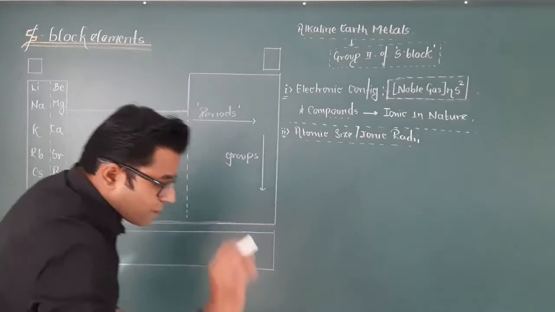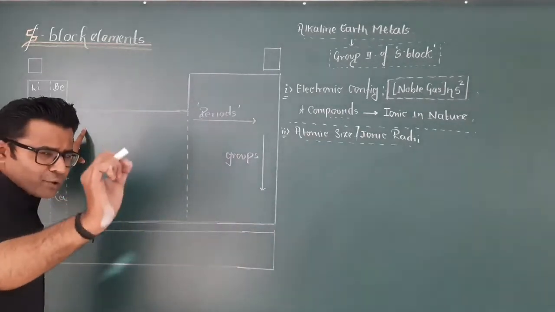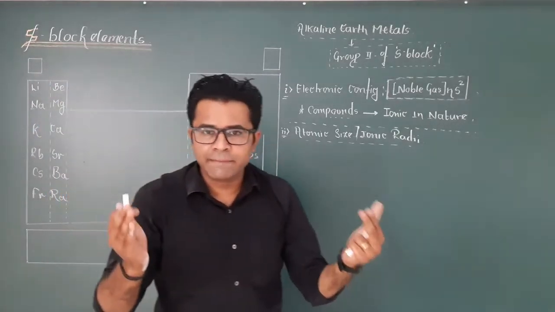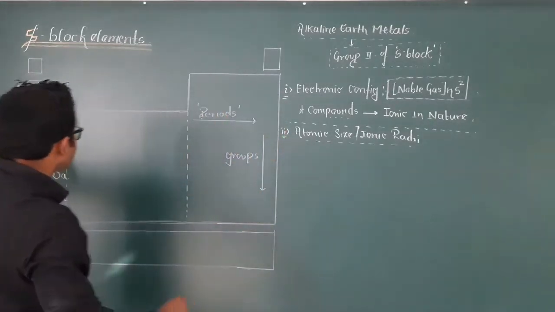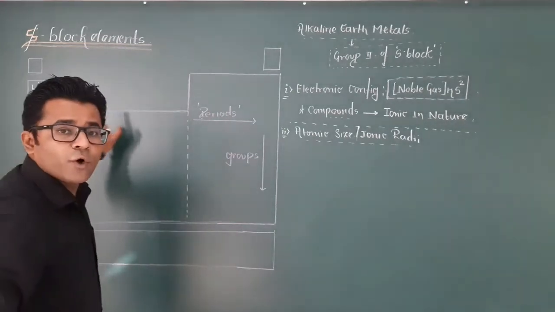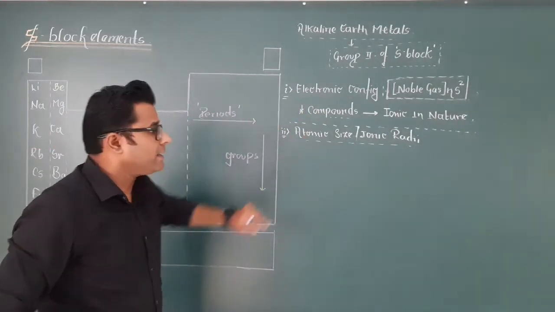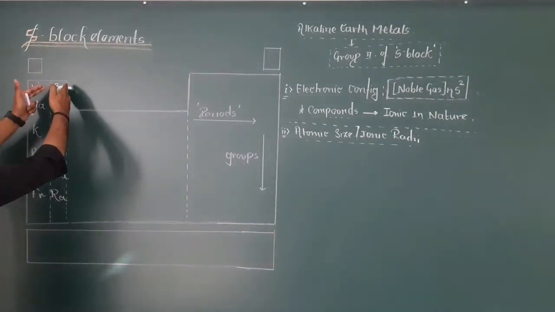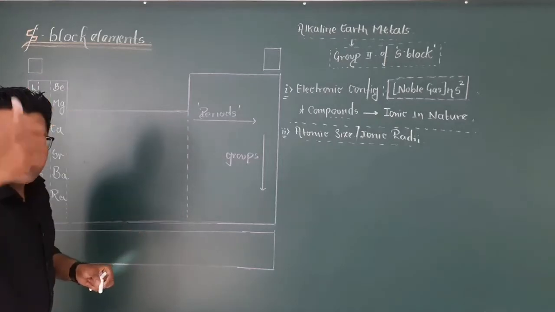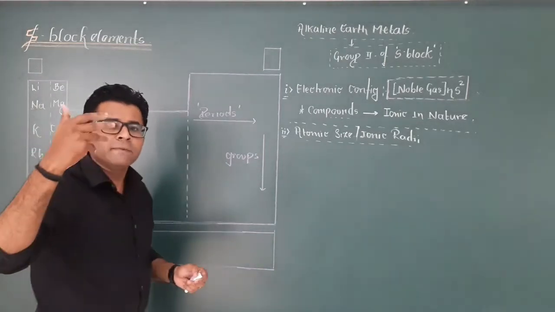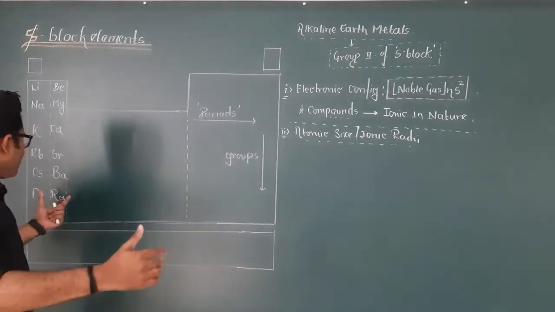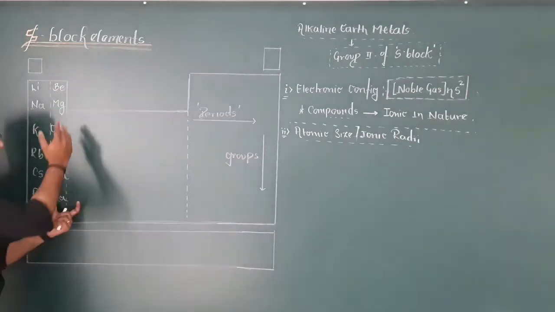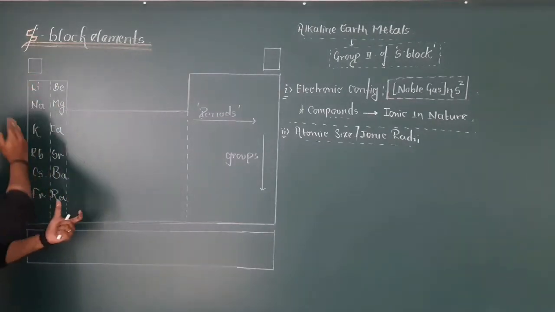Now, please try to recall that as we travel from left to right in a periodic table, the size of an atom goes on decreasing. If we apply the same concept here, these elements, beryllium, magnesium, calcium, strontium, barium and finally radium, have smaller size compared to our alkali metals.